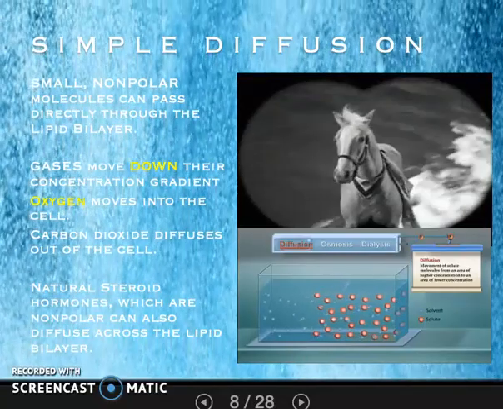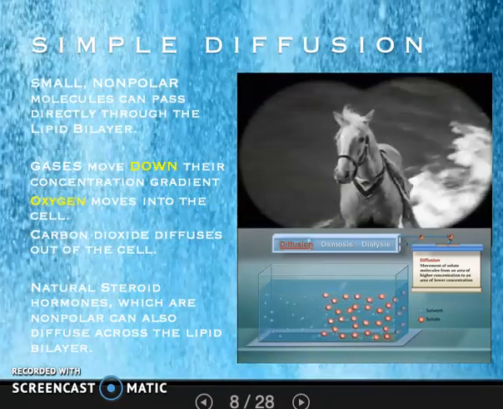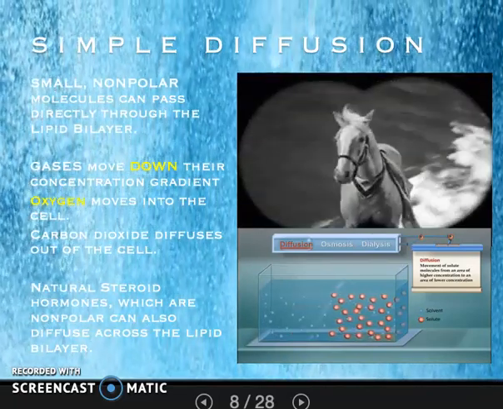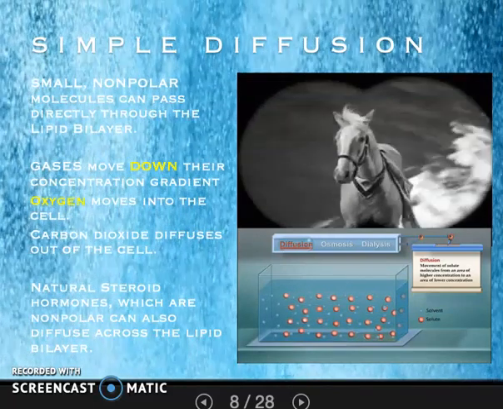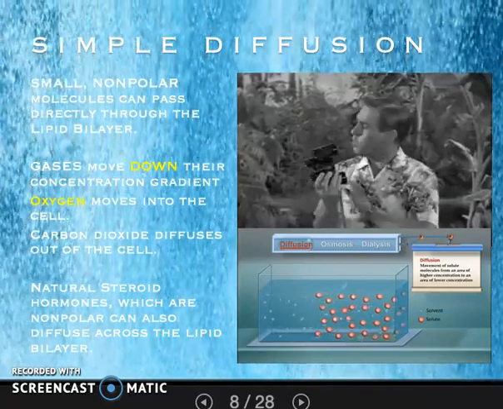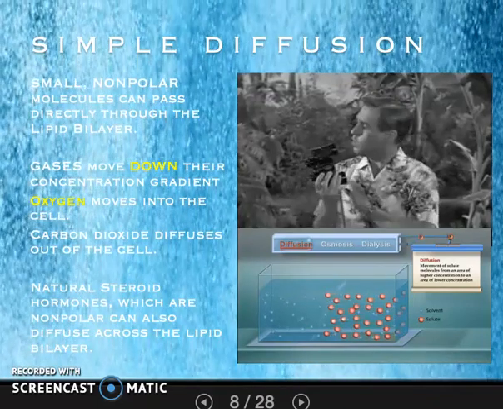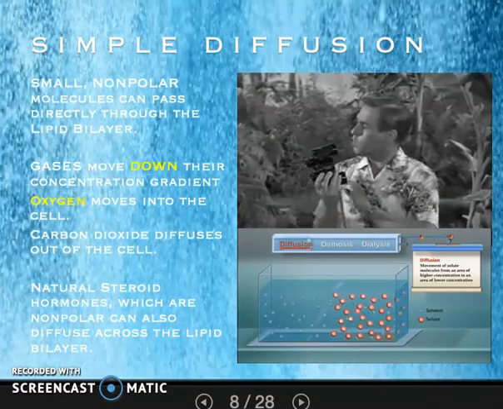Well, we've already given you a couple examples of simple diffusion. Small nonpolar molecules like the gases CO2 and oxygen can just pass right through the cell membrane. Now, there are other substances that can pass through the cell membrane, like steroid hormones, right? They're fatty, so I could put a little testosterone on your skin and it'll absorb right through.